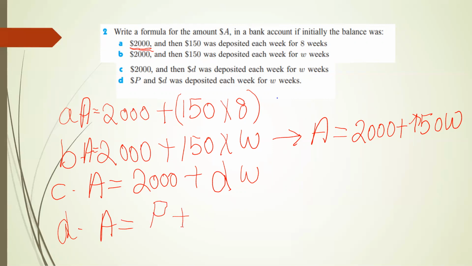So the total amount is P dollars plus, he did not specify the value of the amount per week either. He said it's D per week times the number of weeks. So that is the formula for the last one.